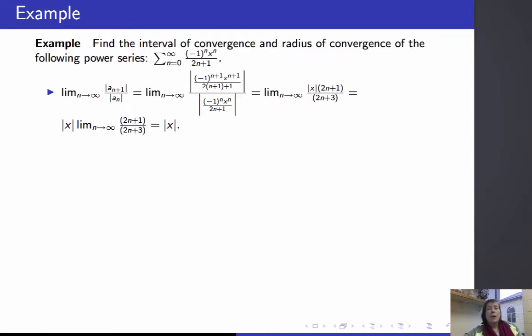So we can pull out that absolute value of x from the calculation of the limit, and we get the absolute value of x times the limit as n goes to infinity of (2n plus 1) over (2n plus 3). And of course that's a rational function in n, so the limit is the limit of 2n over 2n, which is just 1.